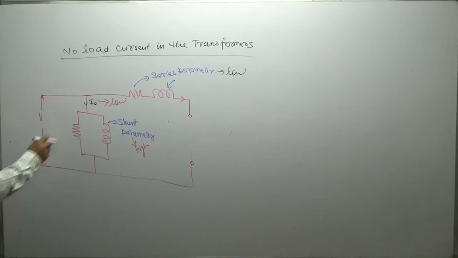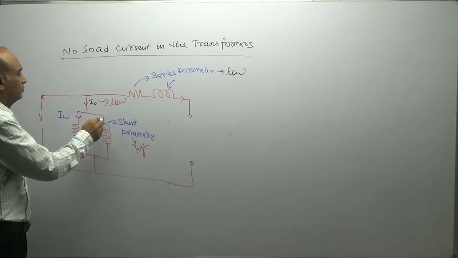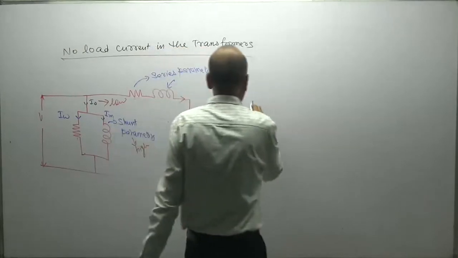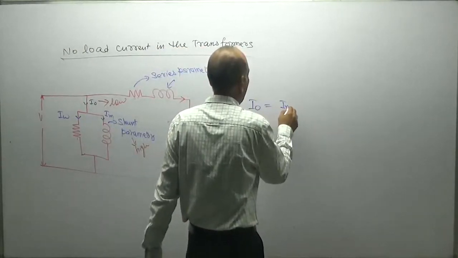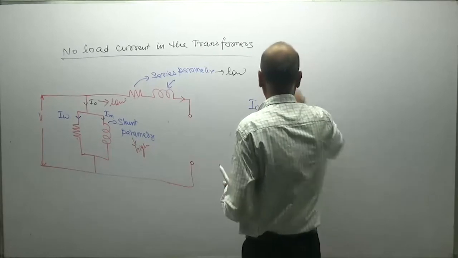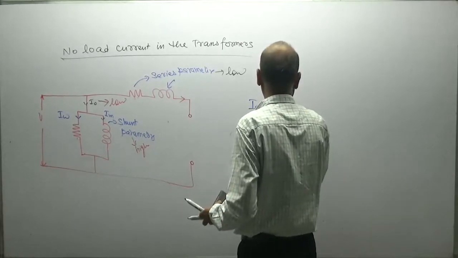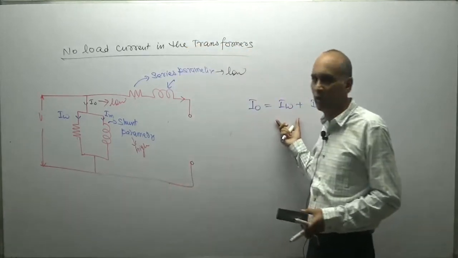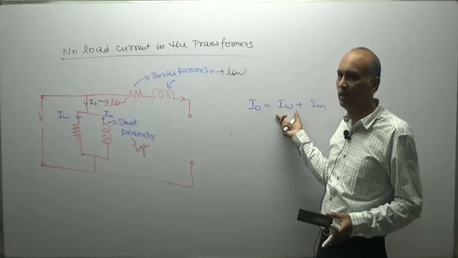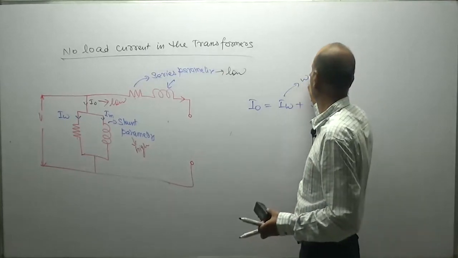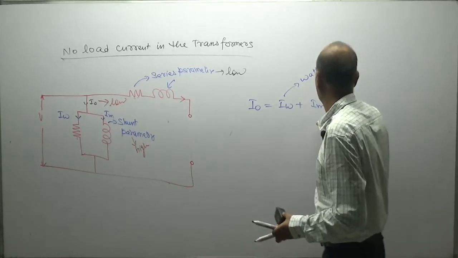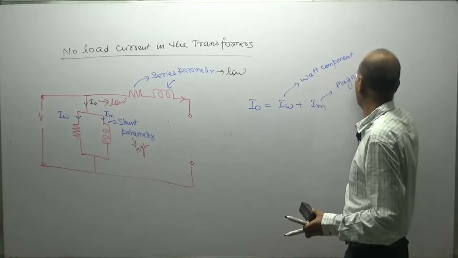Now you can see there are two components of no load current. One is called watt component. The other is called magnetizing component.